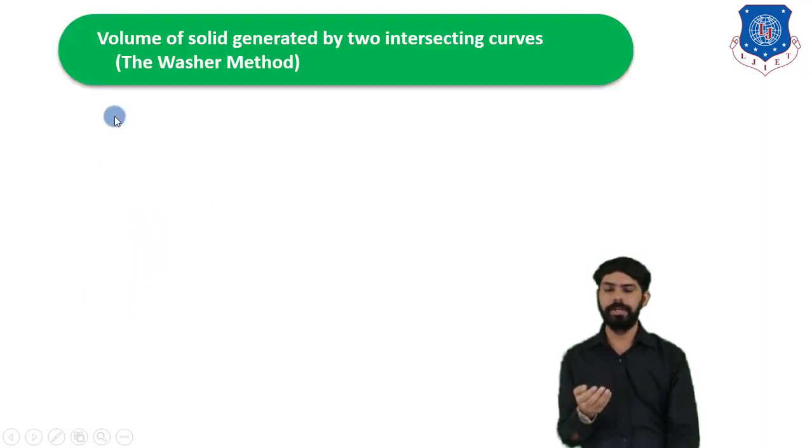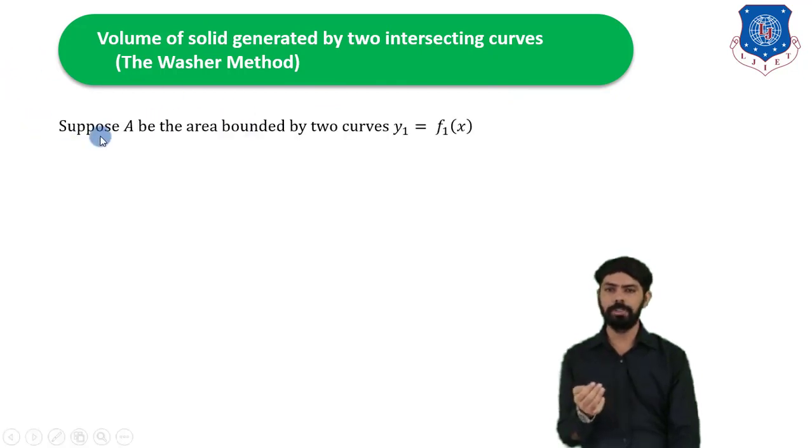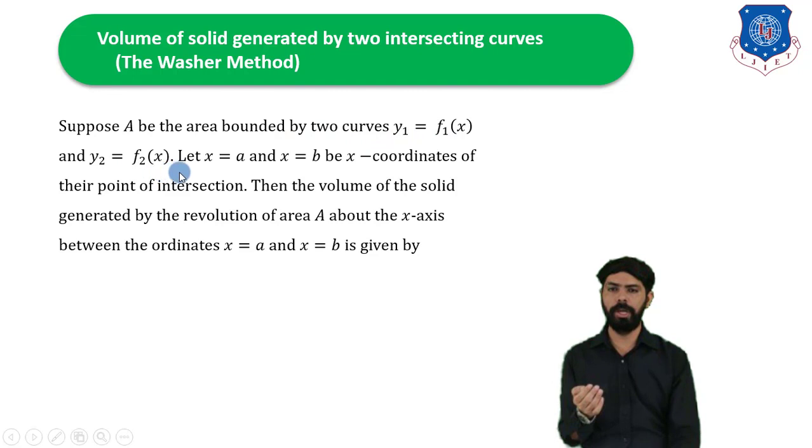Now we will discuss third method, that is volume of solid generated by two intersecting curves. It is also called the washer method. So suppose A be the area bounded by two curves, y1 equal to f1x and y2 equal to f2x, and let x equal to A and x equal to B be x coordinates of their points of intersection.